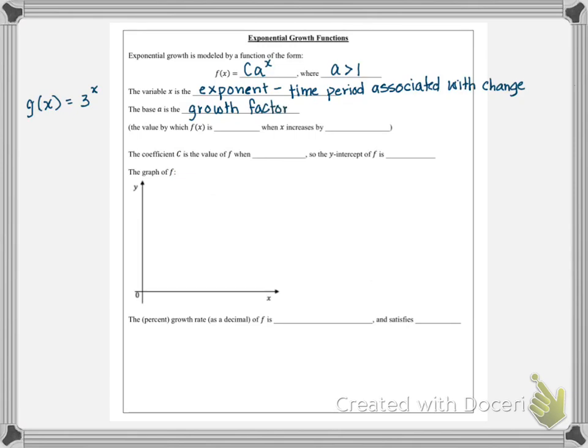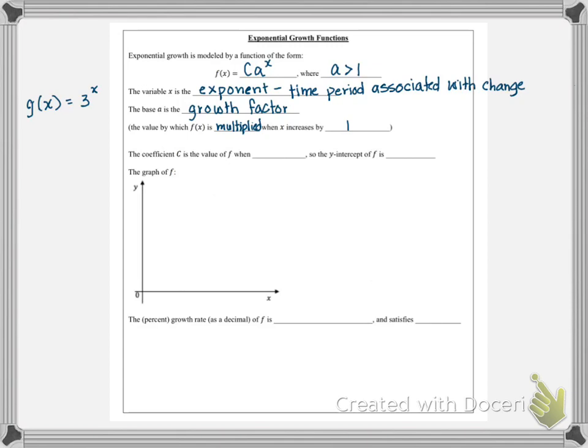So that's the number that we're multiplying by repeatedly. So f of x is multiplied by a when x increases by 1. So again, that x value or input is associated with the change described by that growth factor.